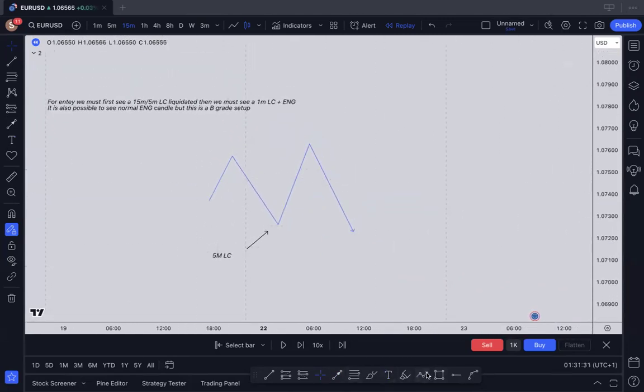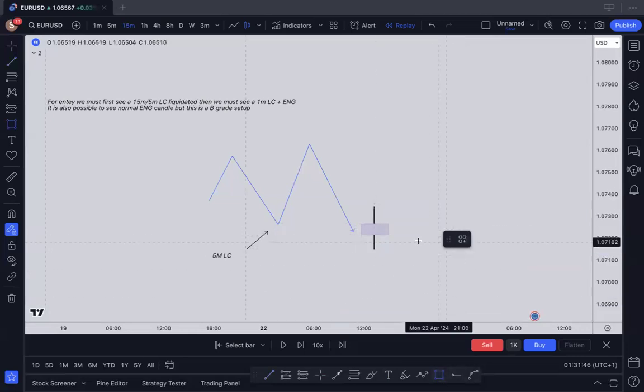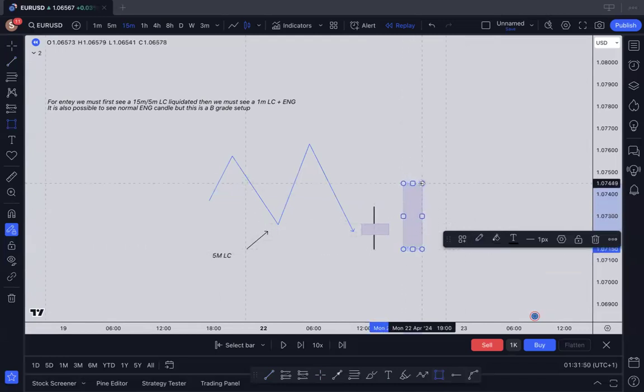From here, we then must see a candle like this. Okay, so a liquidity candle, and then an engulfing candle.